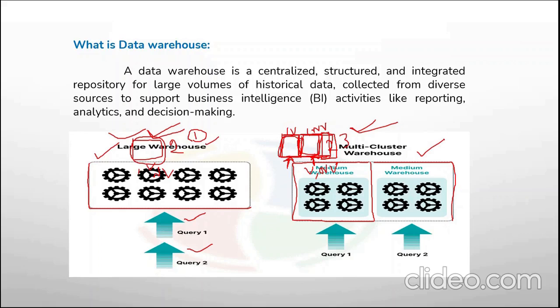Majorly, it reduces the queue. At the same time, it helps to run the queries concurrently. So this is the difference between a normal warehouse and a multi-cluster warehouse. Got it?